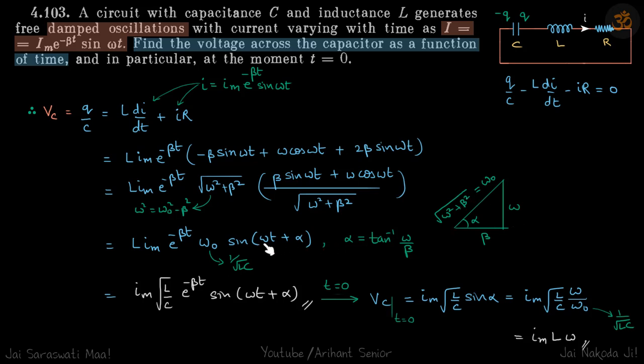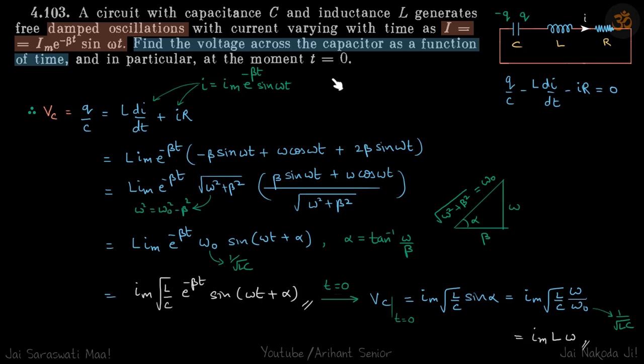So that's why we have written it in the form of omega t plus alpha. And again, if you put the value of omega square as omega naught square minus beta square, this whole thing is omega naught, which means alpha is tan inverse omega by beta.